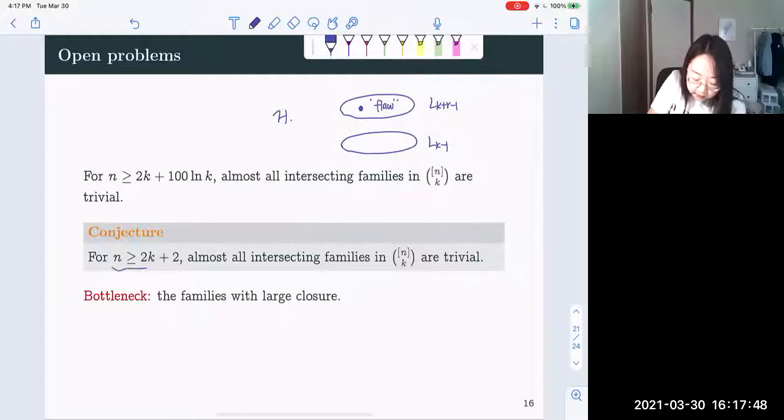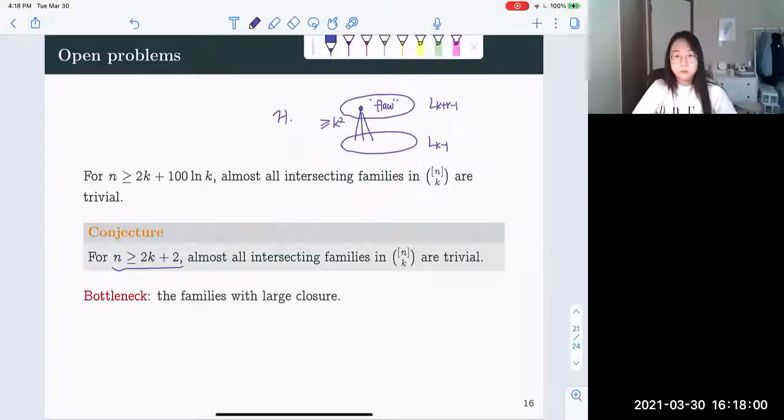And because n is at least 2k plus 2, these two layers are a bit far. They are not consecutive. So the degree here is at least roughly k squared, in the order of k squared. Okay, so how to count the number of intersecting families with exactly one flaw?